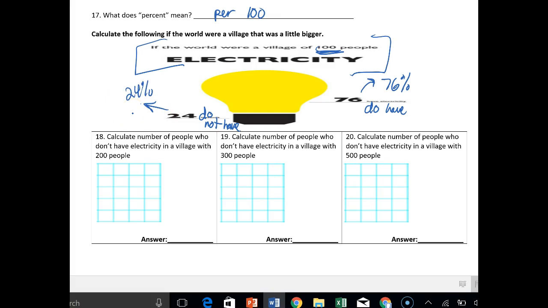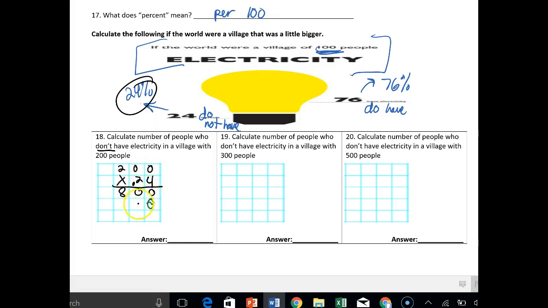So if I said, all right, calculate the number of people who don't have electricity in a village with 200 people. So let's make our world a little bit bigger. It's 200 people. And I said don't have it. So you're looking at this 24%. So times 0.24. And oops, I'm doing an even problem for you. I should be doing the odd, but oh well. So we do 4 times 0, 0, 4 times 0, 0, 4 times 2 is 8. Lay your egg.